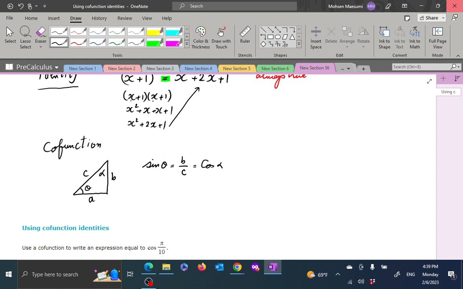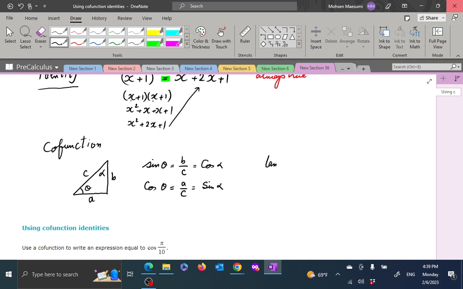Cosine of alpha is the ratio of adjacent to hypotenuse, which is the same thing. Well, what is cosine of theta? Cosine of theta is the ratio of adjacent to hypotenuse. Well, what is sine of alpha? Ratio of its opposite to hypotenuse, which is the same thing.